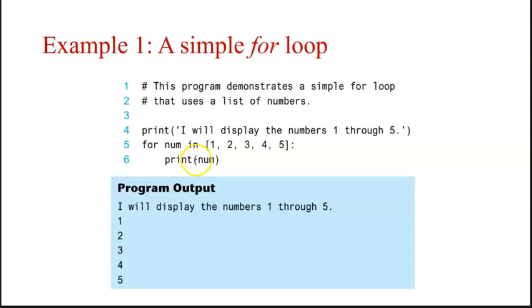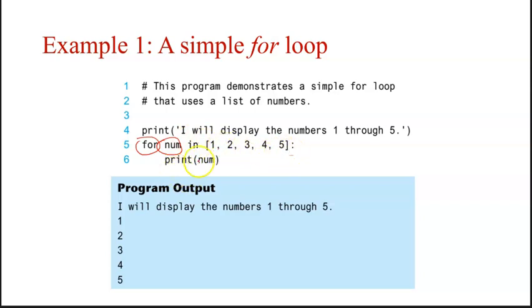Okay, so here's a simple example. You're just printing numbers from 1 to 5, so 1, 2, 3, 4, 5. The syntax is again for, then the loop variable, then in, and then you type in the list.